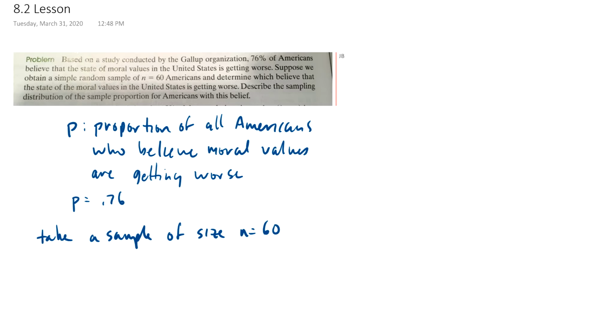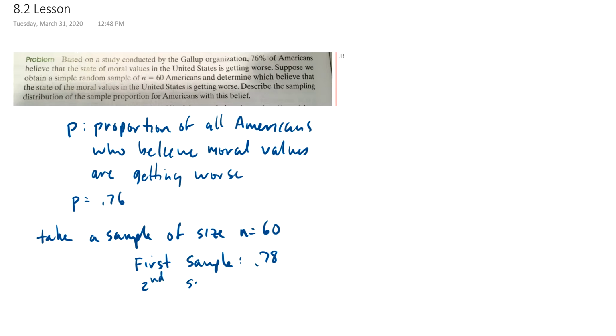Let's say the first sample. Is it possible that I could get a sample where 78% say that they believe moral values are getting worse? Yeah, the population average is 76, so if I get a sample, I could get 78.